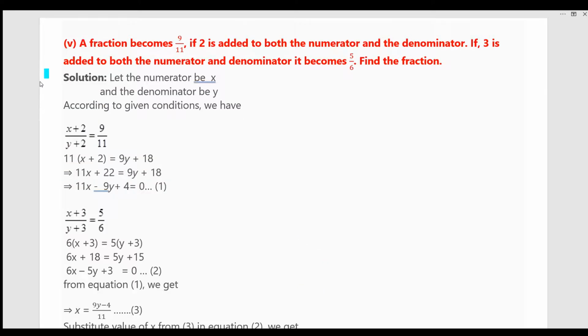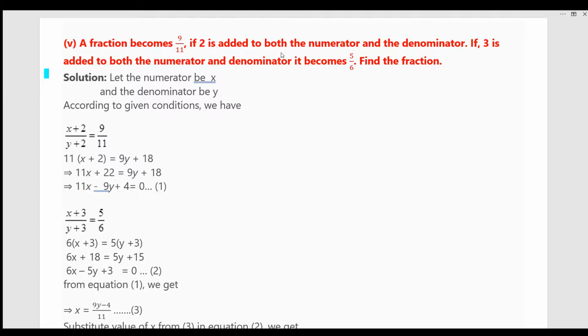Now part 5. A fraction becomes 9 upon 11 if 2 is added to both the numerator and the denominator. If 3 is added to both the numerator and the denominator, it becomes 5 upon 6. Find the fraction. Now in this sum, there is a fraction.